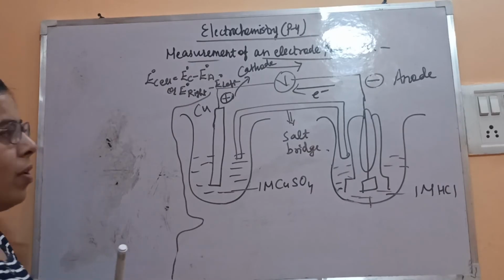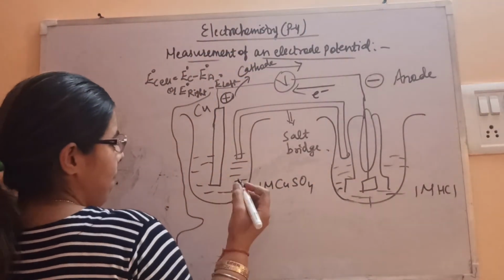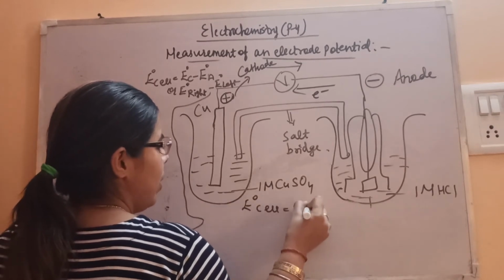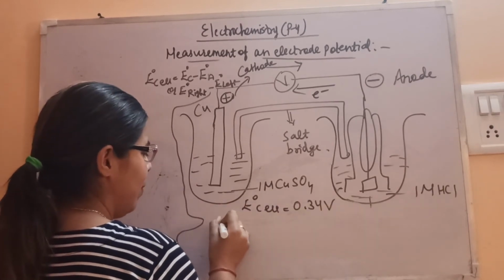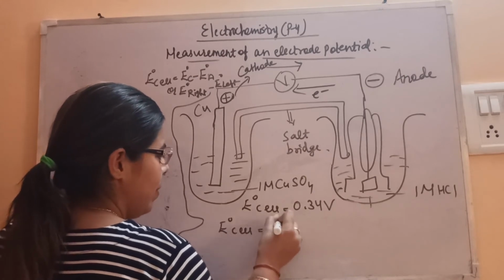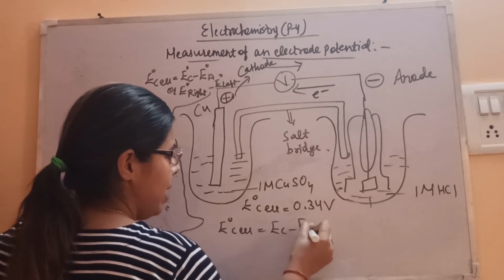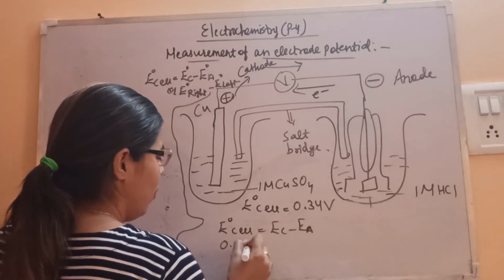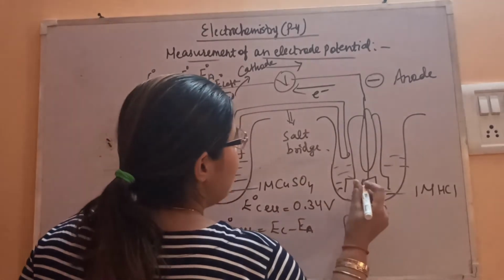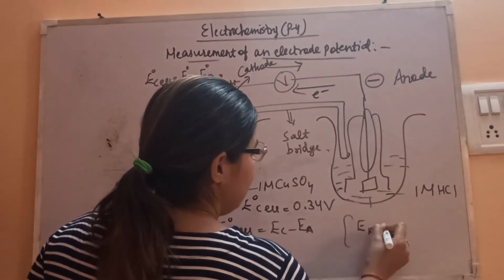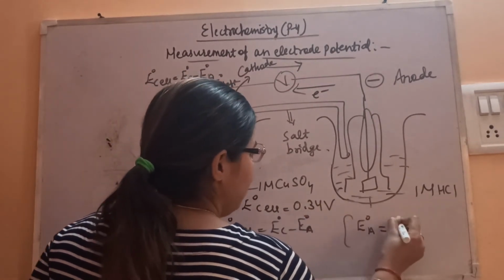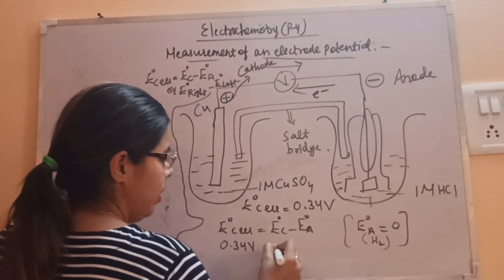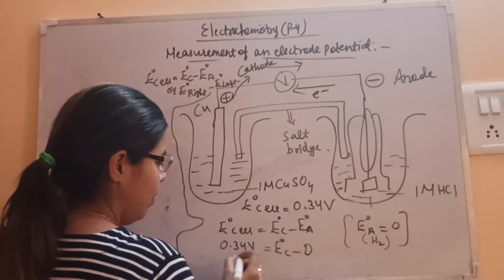Let's see the calculation. The value of E naught cell is found to be 0.34 volt in this case. E naught cell is equal to E naught C minus E naught A, where this is 0.34 volt, and we know the anode is hydrogen, so EA is equal to 0 for hydrogen. Substituting, E naught C minus 0, what will you get?